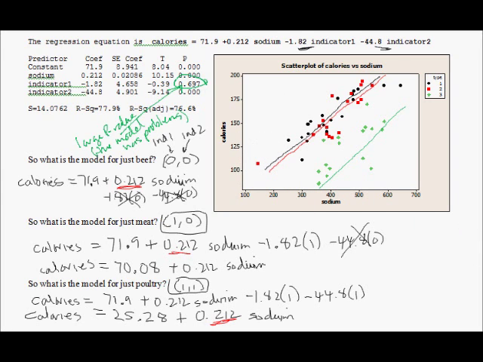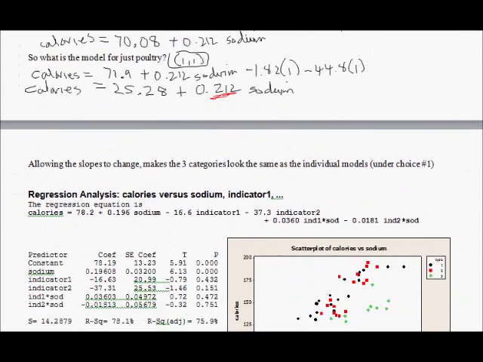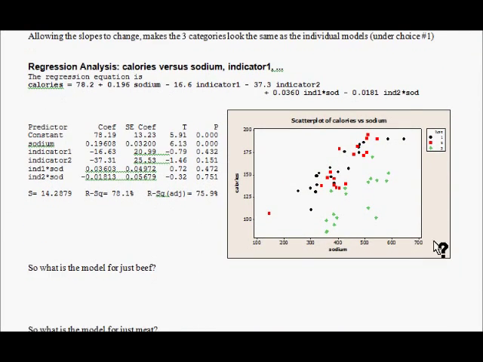Well, what we want to do next is allow the slopes to change. The way you make the slopes change is you have to multiply the indicator variables by the other x's.